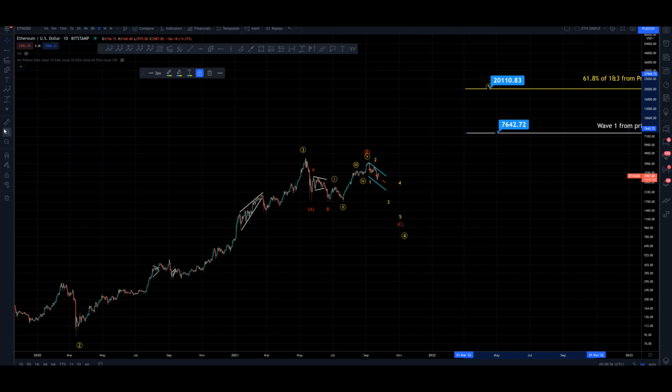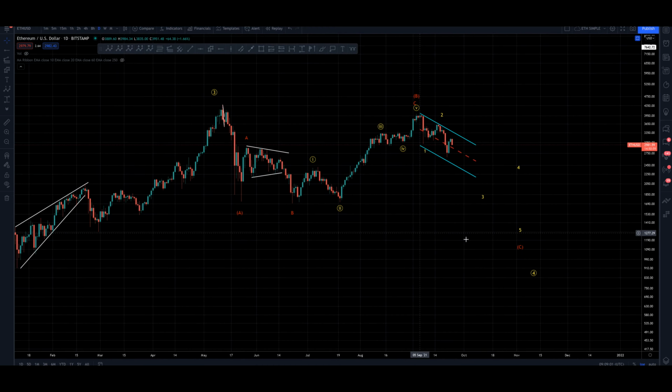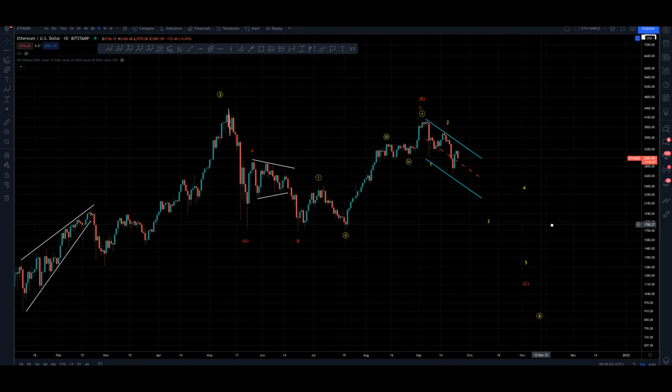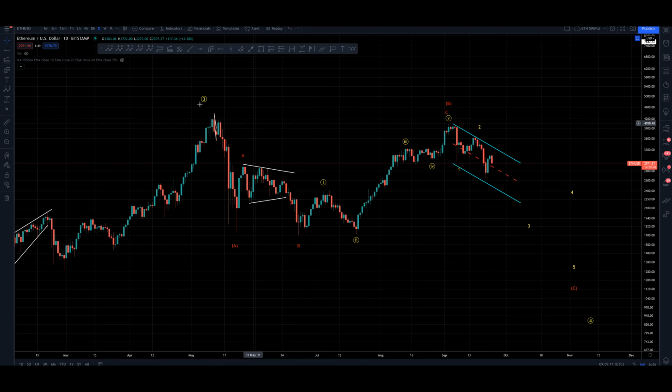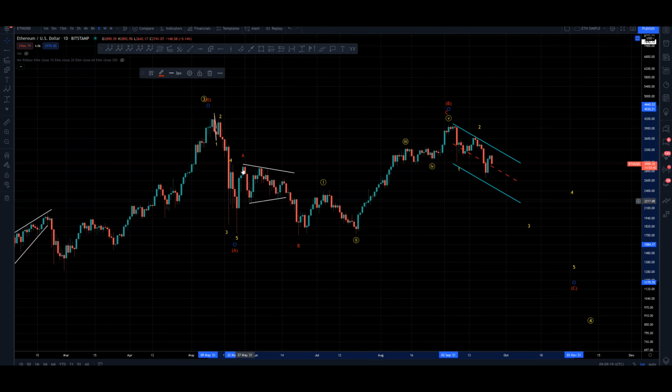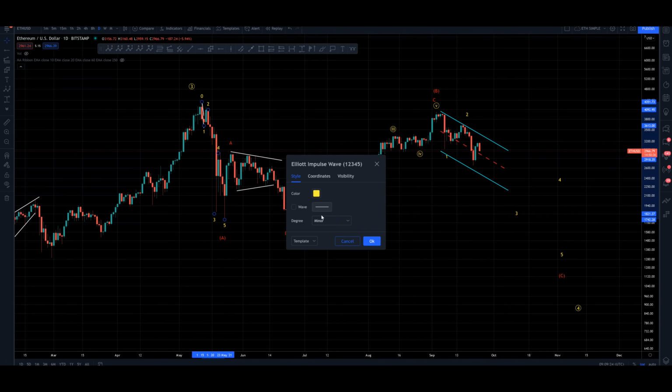And we're going to have to zoom back in to do this. Alright, so in this scenario, I'm suggesting that we had a thrust down in a 5 waves into an A. Here, I haven't labelled that, let me just do that now. 1, 2, 3, 4, 5 into an A. Okay, let's just shift this down a peg.